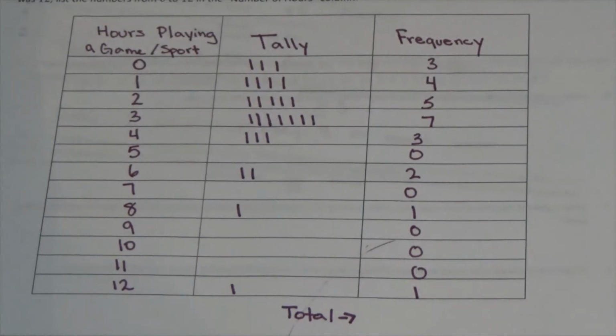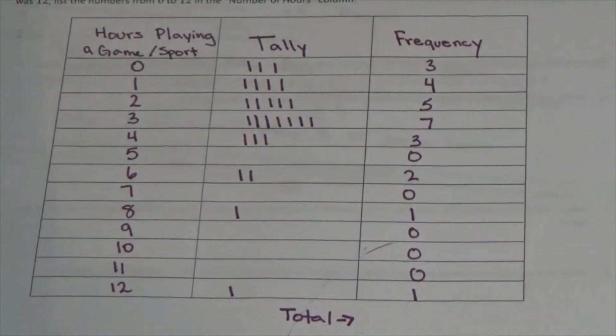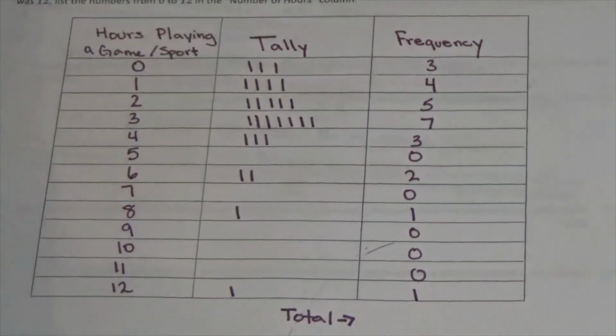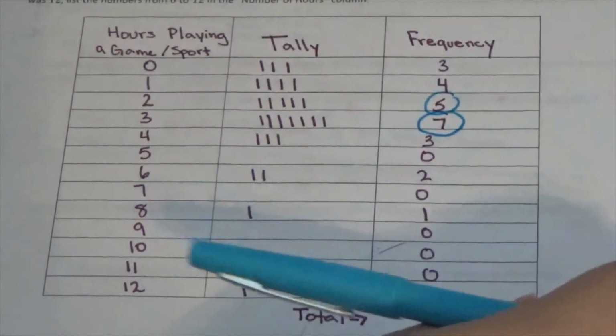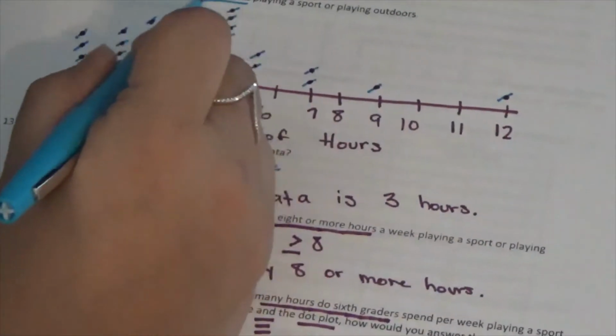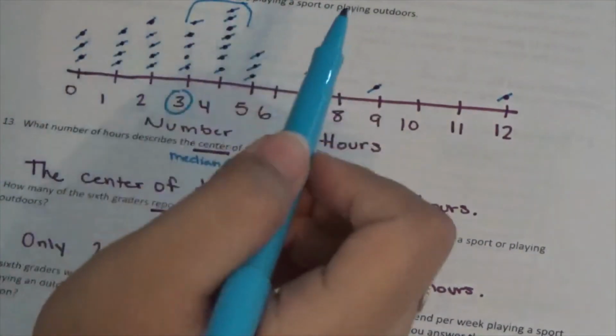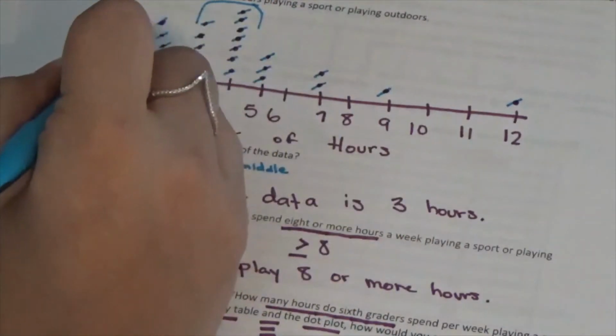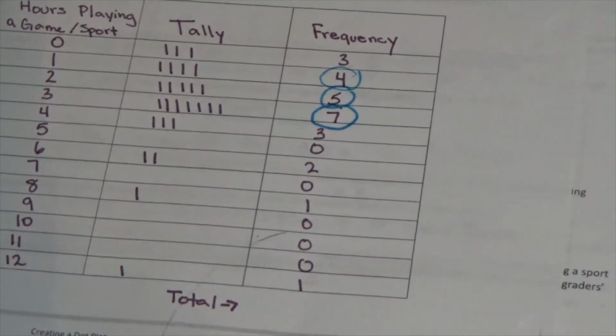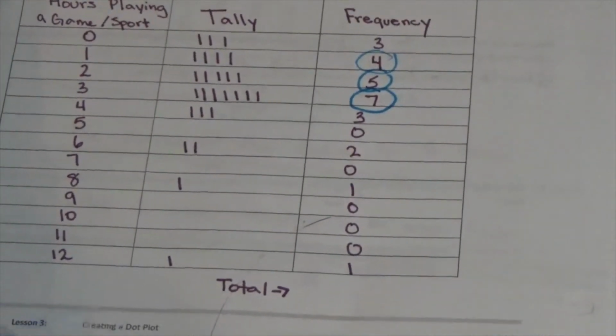Yes? Great, thank you. So looking at our frequency table, first thing I want to look at is, well, where's the most of the data? What are the highest numbers? And so my eye immediately goes to 7 and then 5. And then looking at my dot plot, right here is where I'm seeing most of the data. And then this one. And that's actually the same here. So you're not actually going through and counting where are the most.